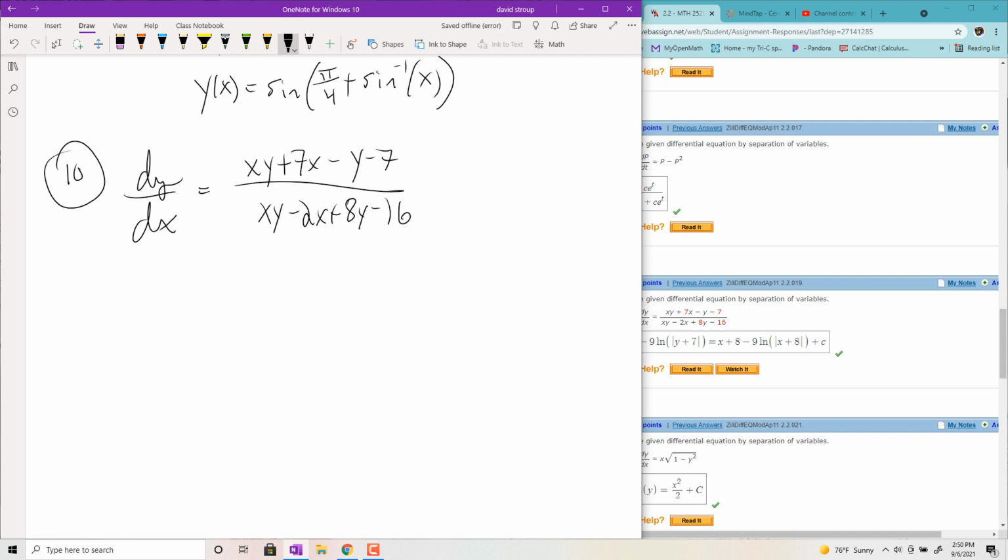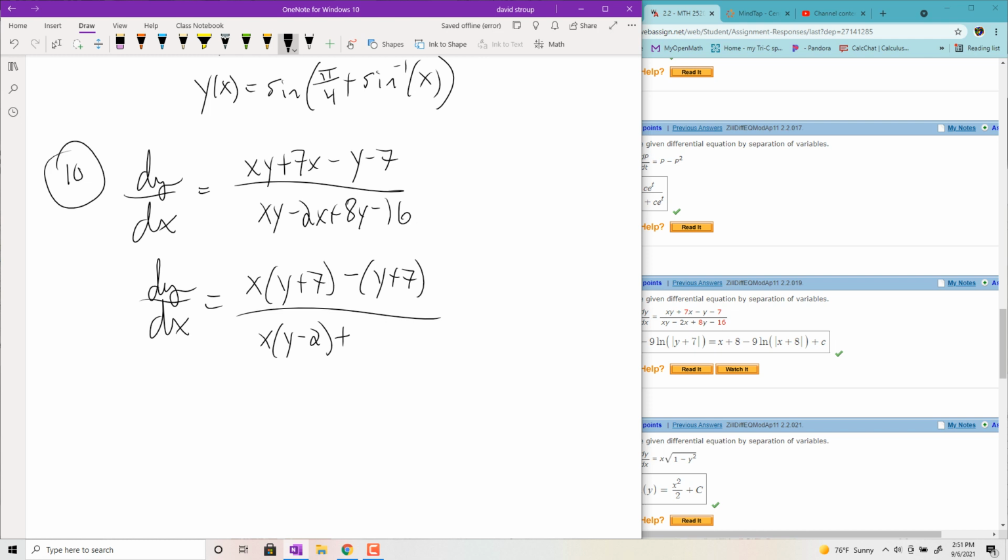So this is a trick. If you don't see it, you might be stuck. And it's grouping, right? So the first two terms you could factor out an x and you get y plus 7. Next two terms you can factor out a negative. On the bottom you can factor out an x and then factor out an 8. And then you get a function of x times a function of y, basically.